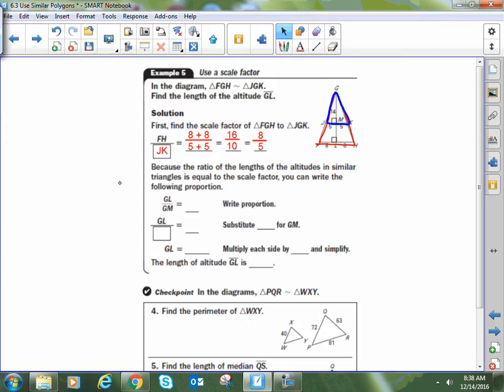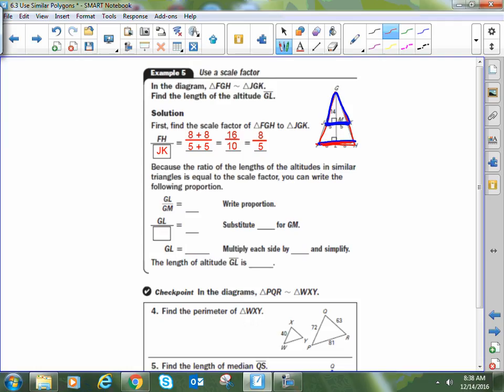And that's how we're setting up the ratio, in this case, to be 8/5. Because I'm looking at the overall length at the bottom, I'm looking at JK here, and I'm looking at FH right here. We're looking at those two sides as a ratio.